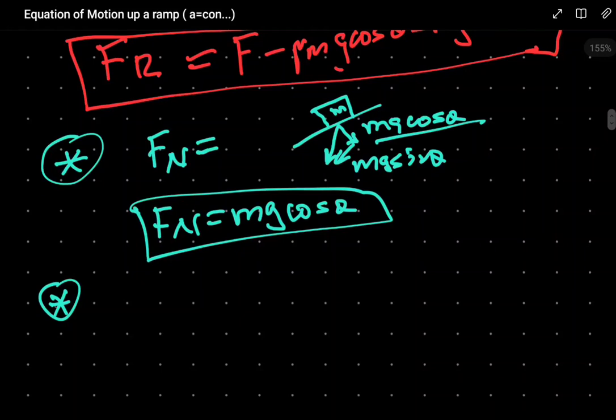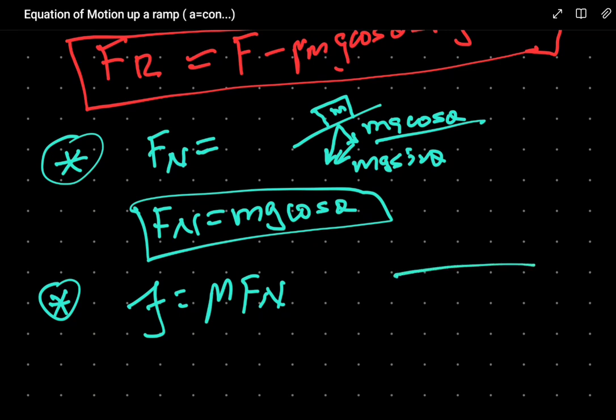The frictional force is the coefficient of friction times the normal force. This is the definition of frictional force. But the normal force changes based on how you apply a force. If a mass is on a support with no other vertical force, the normal force is simply the weight.